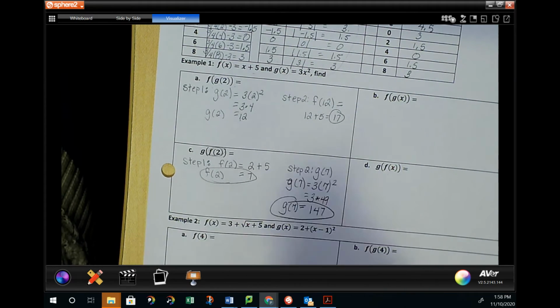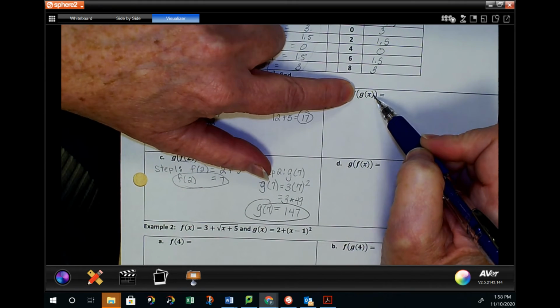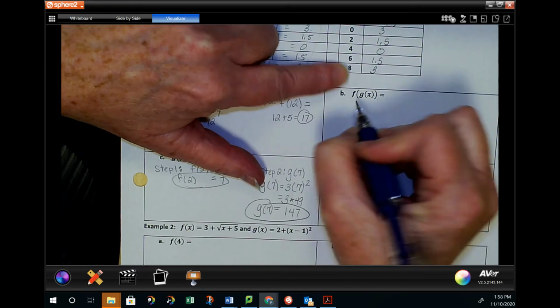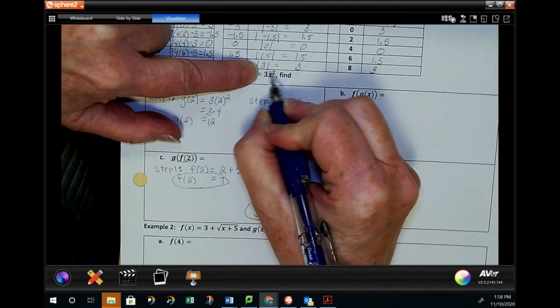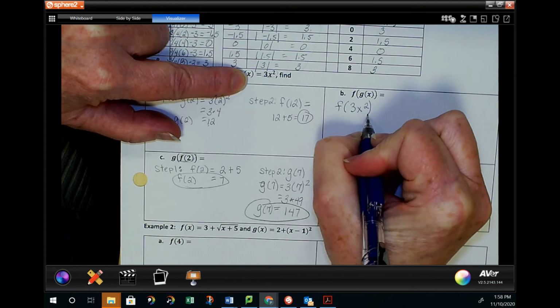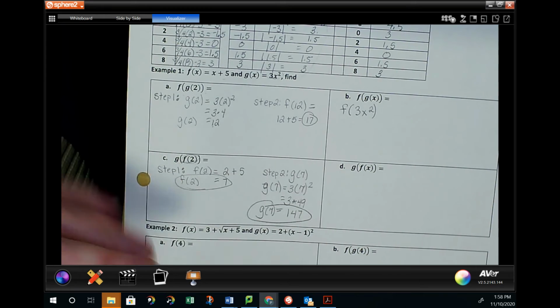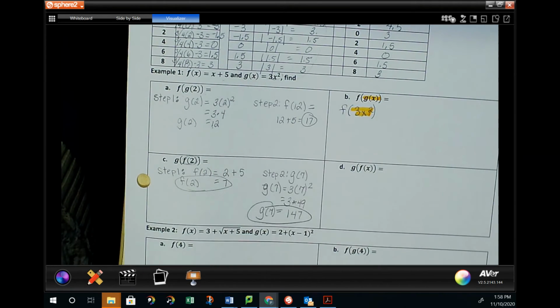All right. So let's look at this one. G of x. So I'm just going to rewrite this. So f of g of x, I'm just going to type all of this in, because that's g of x, 3x squared. G of x is just that.